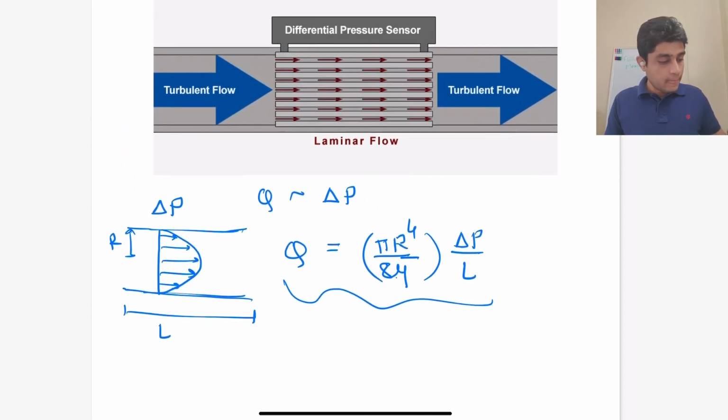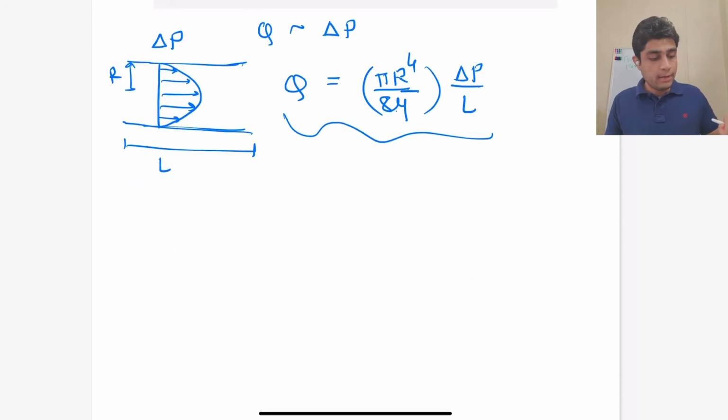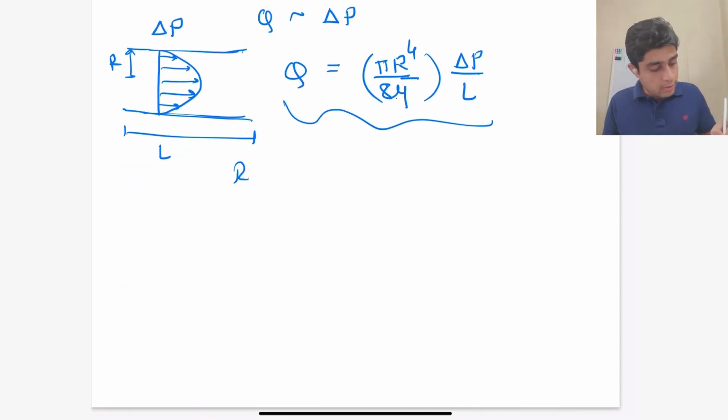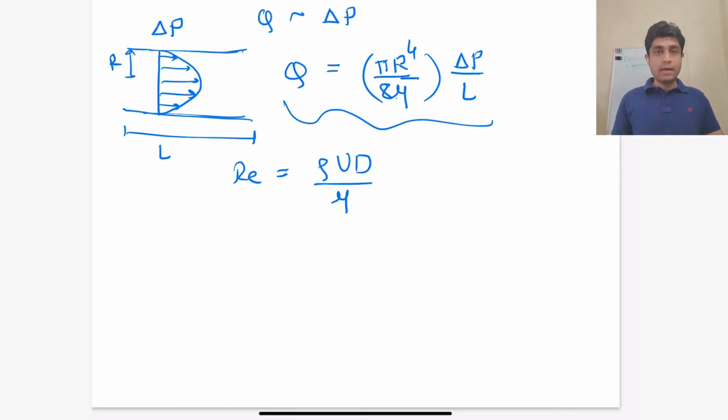So the way we use this is, since we usually have a turbulent flow, we install an array of small tubes which have small diameter. As you might know, the transition from laminar to turbulent flow depends on the Reynolds number, which is rho times velocity times length scale divided by the dynamic viscosity.